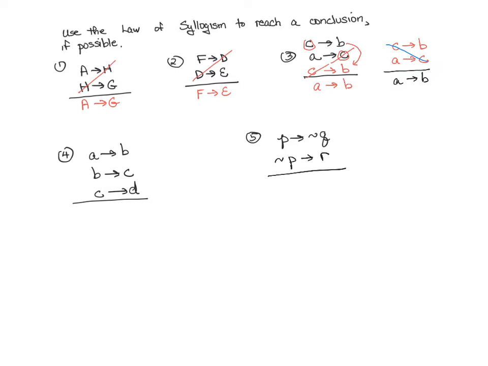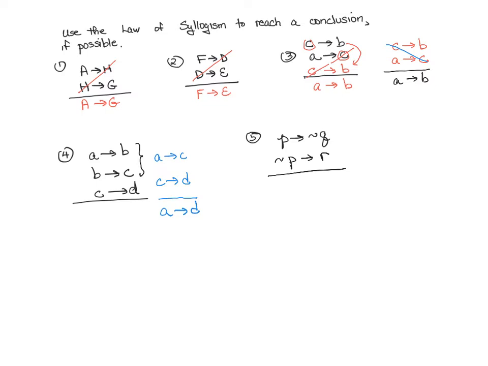Now, in number 4, we use the law of syllogism twice. From these 2, we conclude if A then C, and then combining it with the if C then D, we conclude if A then D. So that would be our final conclusion. And in number 5, it doesn't look like we could use the law of syllogism directly.